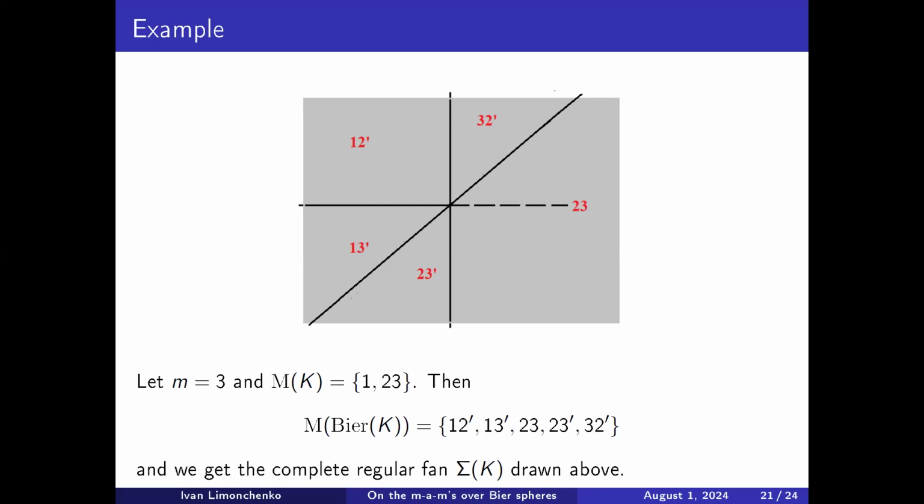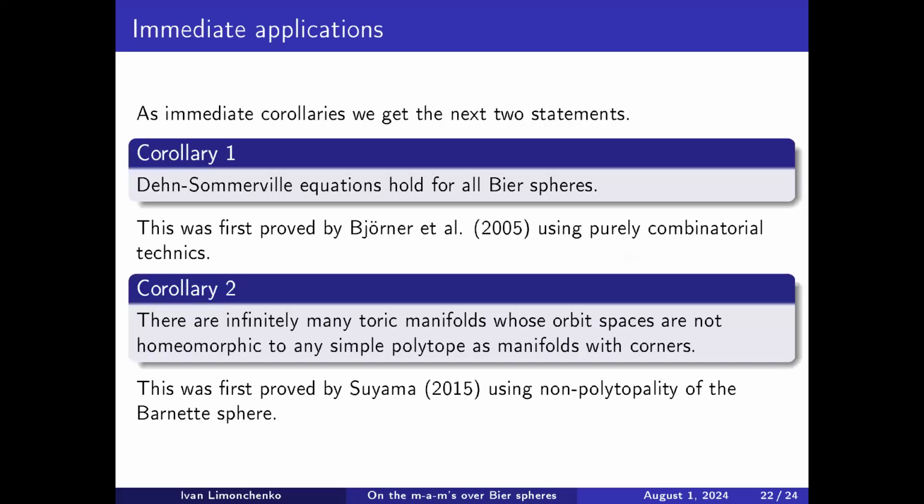It was already mentioned in one of the slides in the first half of my talk. That was the classification of one-dimensional Bier spheres. It's the boundary of a pentagon. And you see the very familiar complete regular fan corresponding to this pentagon. It's here. Well, this is an example.